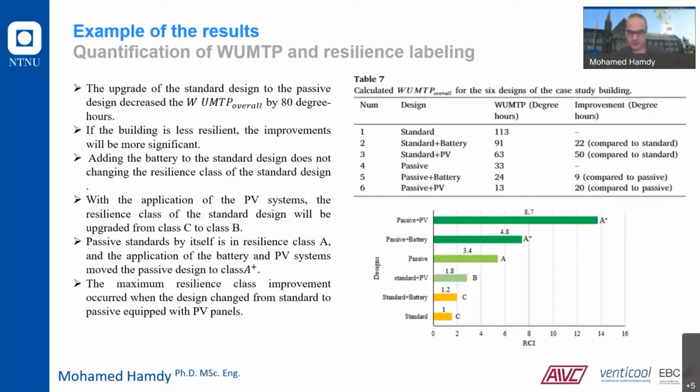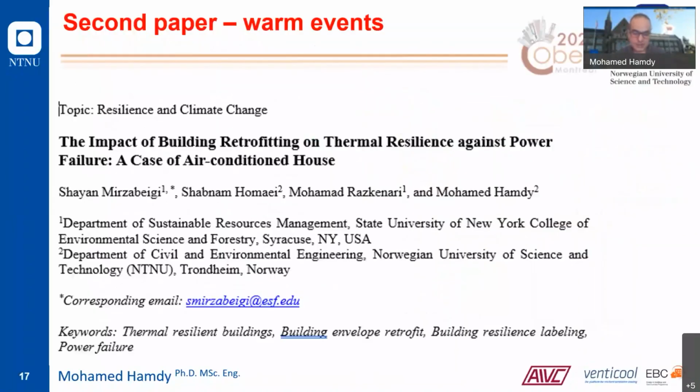Before ending, I would also like to show another study. It's called Impact of Building Retrofitting on Thermal Resilience Against Power Failure for Air-Conditioned Buildings. The previous one I showed was power cut for buildings in cold climate countries, where we introduced this approach.